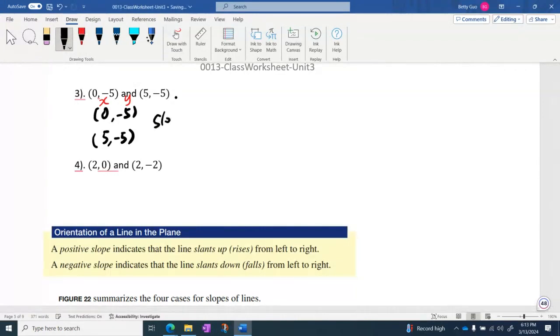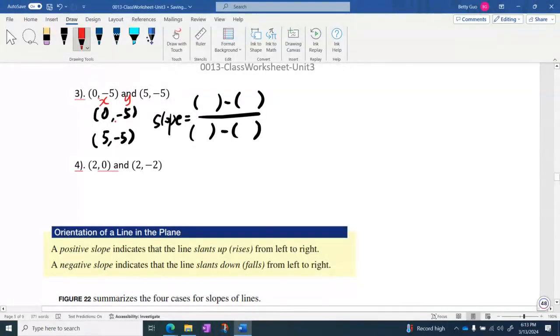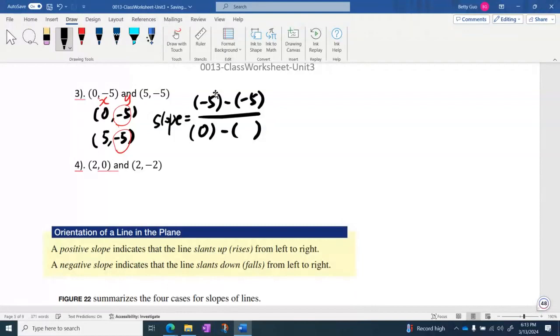And we know slope equals parentheses minus parentheses all over parentheses minus parentheses. In the numerator, I'm going to use this value minus this value. So the first y value goes here, second y value goes here. In the denominator, first x value goes here, second x value goes here.